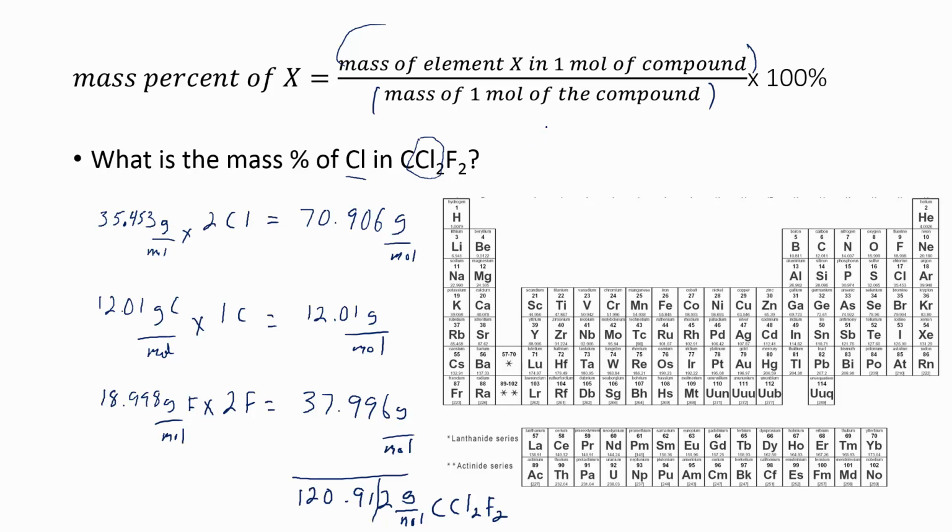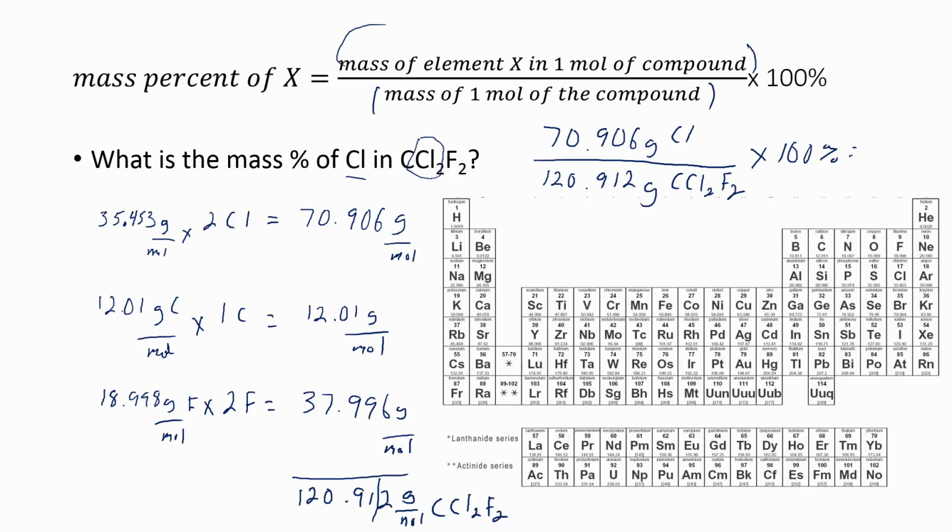So what we have then is 70.906 grams chlorine over 120.912 grams of CCl2F2. We're not rounding yet because we're not at our final answer.